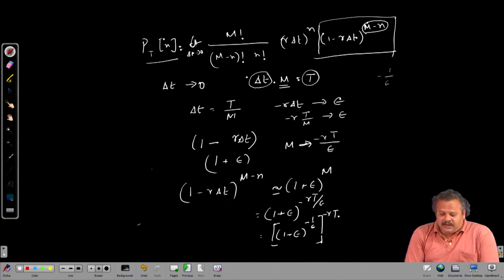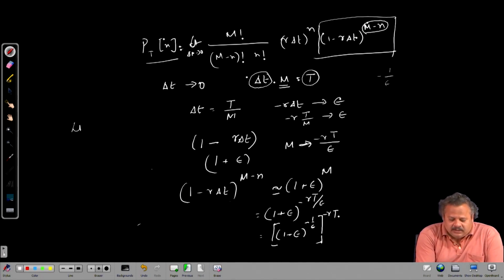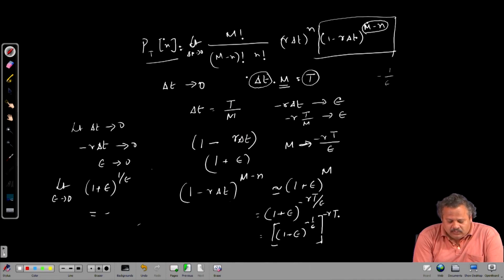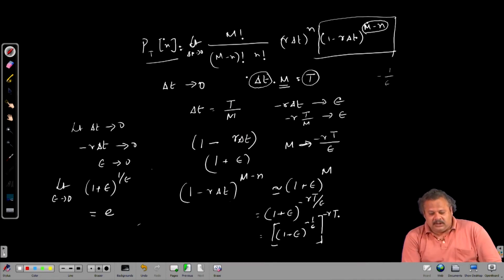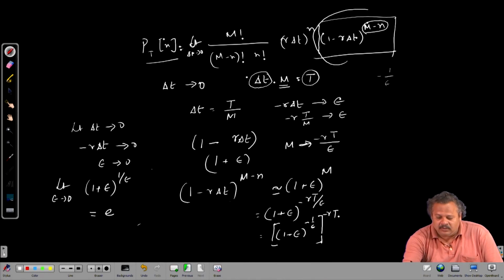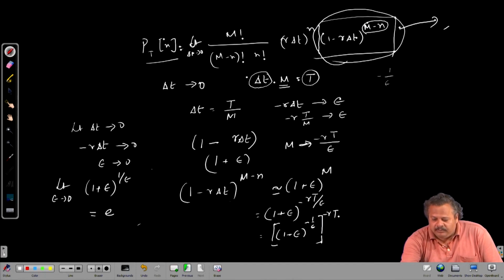So now as we have limit delta t goes to 0, then minus r delta t also goes to 0, that is epsilon goes to 0, and we know that limit epsilon goes to 0, 1 plus epsilon to the power 1 over epsilon is equal to e. So this particular whole term turns out to be simply e to the power minus rT.